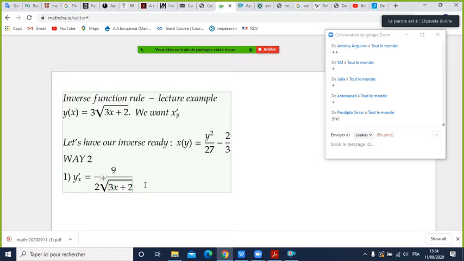Okay, perfect. So then we know that the inverse function rule works, so we can write it first of all like this: 1 over y prime x, which will be equal to a fraction of 1 over this whole thing.